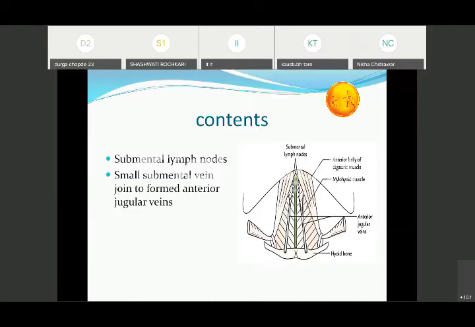This submental group of lymph nodes drains the superficial tissue of the lower part of the chin, the middle portion of the lower lip, and, most important, the tip of the tongue, floor of mouth. So the tip of the tongue is the most important lymphatic drainage of this group of lymph nodes.